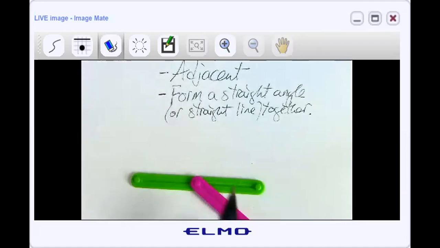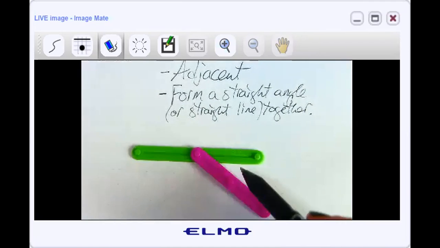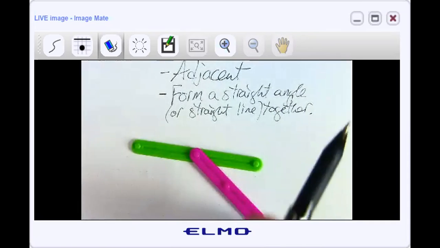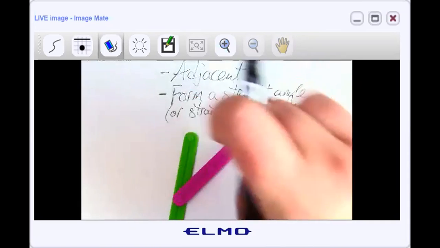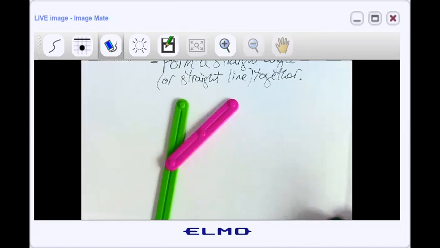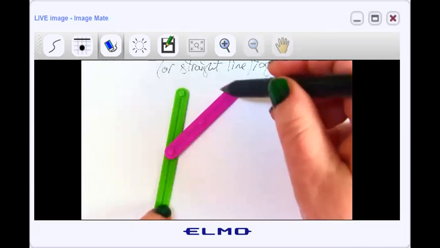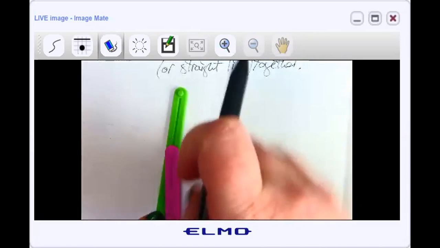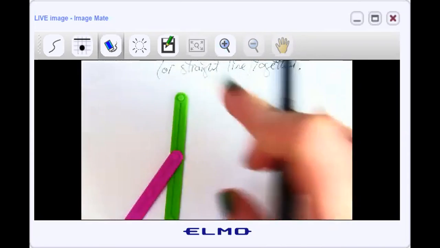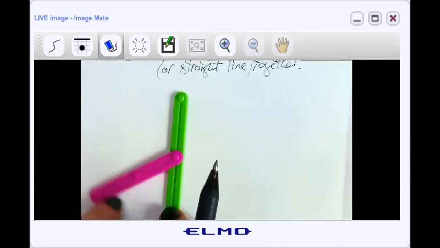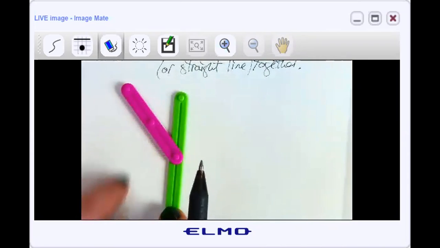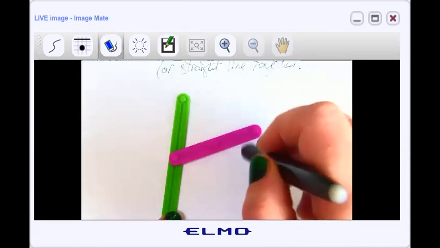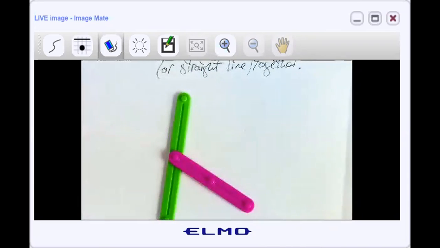Look, you still have a linear pair. It's just down here. Angle 1, angle 2. Together, they're making a straight line. You could turn the whole green line. No matter what I do, all of these are going to be linear pairs. As long as that pink thing is attached in the middle there, any pair of angles you can create like this will all be linear pairs. All of them.